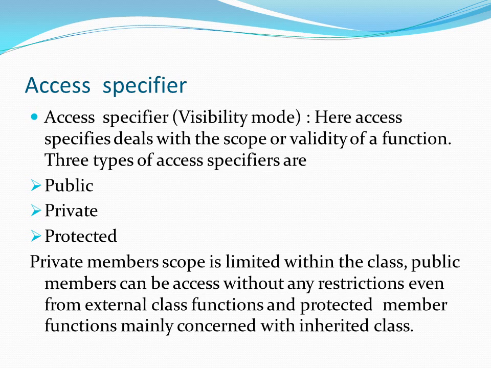Protected is mainly concerned with the inherited class type. When no access specifier is specified, by default Java accepts that function under public access specifier within its own package boundary.